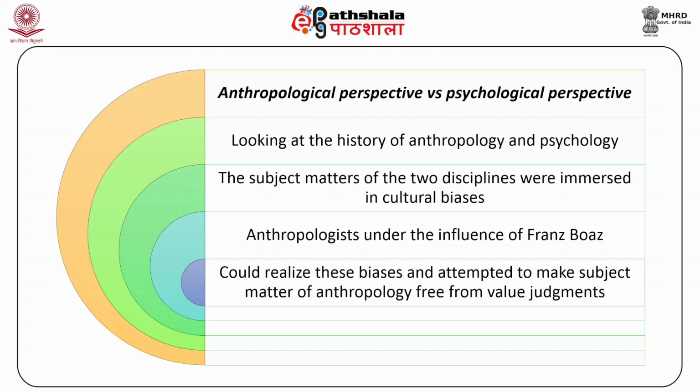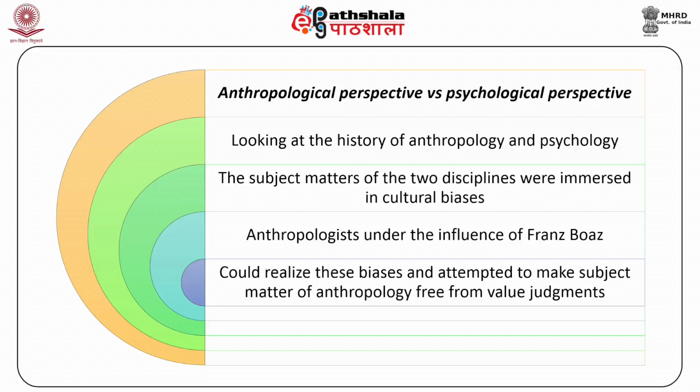Anthropological perspective versus psychological perspective. Looking at the history of anthropology and psychology, the subject matters of the two disciplines were immersed in cultural biases and formulated value judgments about the other cultural group.